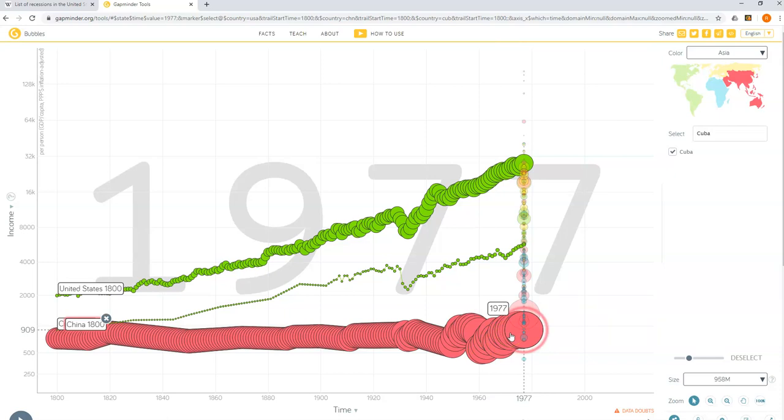This is one of the reasons why we talk about China and India and a lot of countries in Asia, because since the 1980s they have been basically able to get out of the bottom of the world. As you can see here, these are all the countries in the world, and you can see that China basically is right around the bottom on GDP per capita. All right, now again, let's click on play and see this miracle happening.